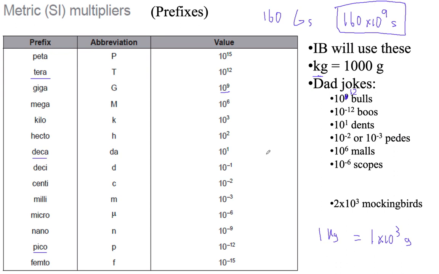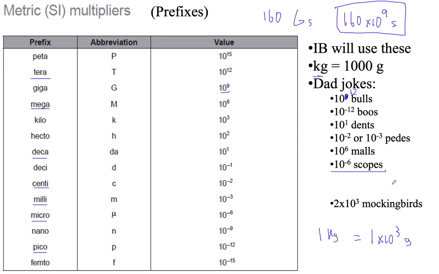Now, if you had 10 to the minus 2 peds or 10 to the minus 3, you'd have either a centipede or a millipede. Just understand that these are metric units. A millipede is actually 1/10 of a centipede. You have to understand that. If you have 10 to the 6th moles, why, that is a megamole. And then, you've used microscopes. A microscope is 1/1,000,000th of a real scope.